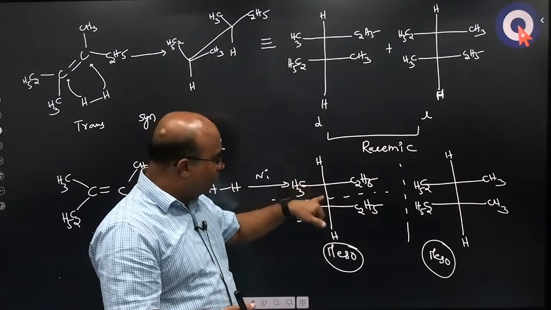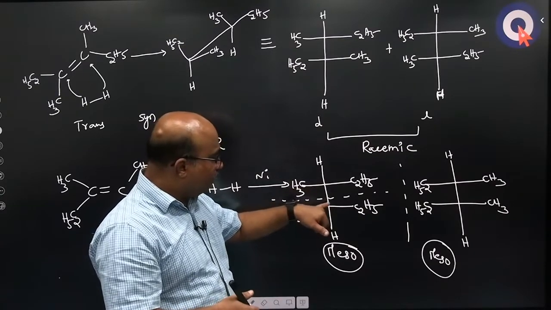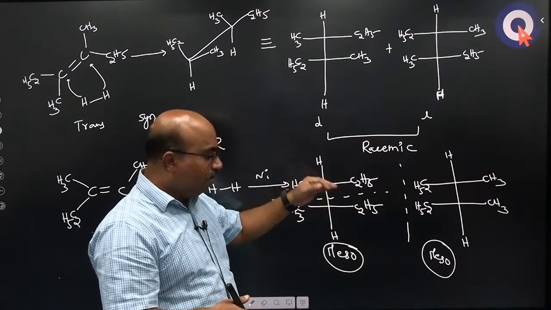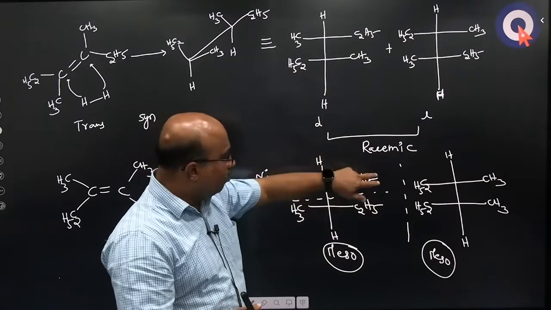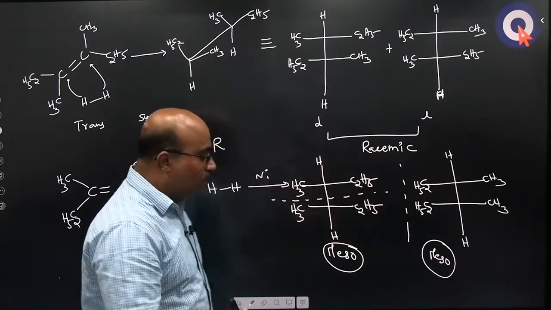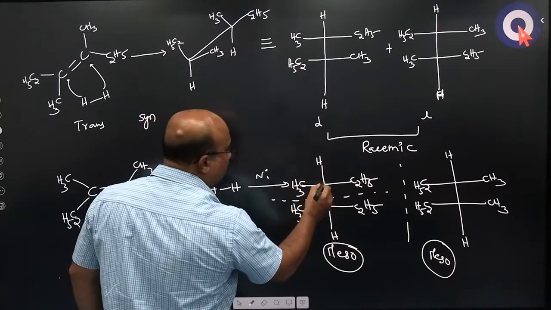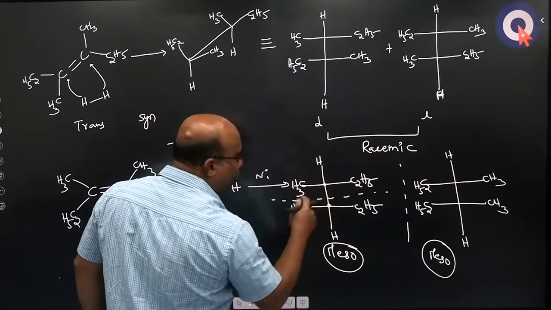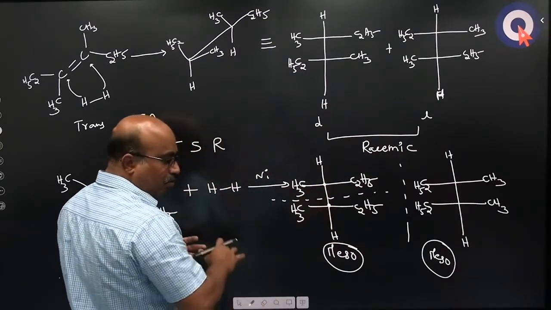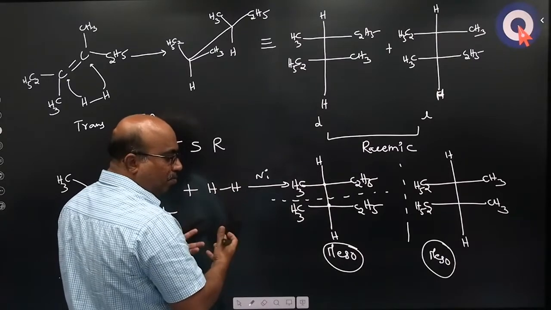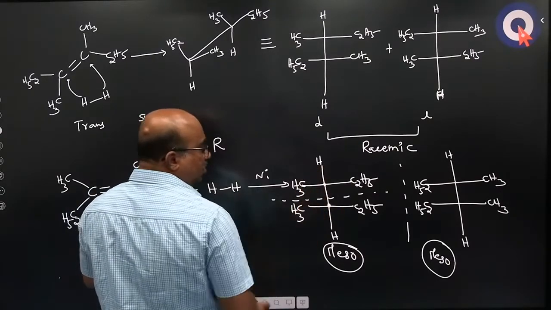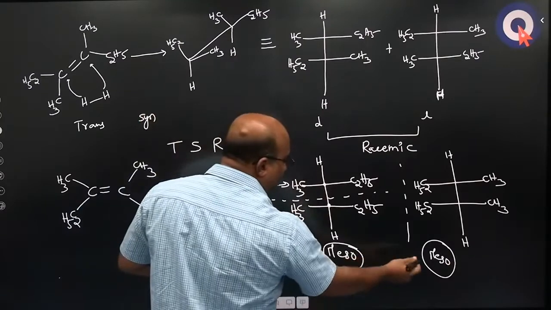So this may be 3, this may be 4; otherwise, this may be 3, this may be 4, because you can number from this end or from this end. So this carbon you can't fix as 3 and this carbon as 4. The two carbons are completely the same in either direction. That's why we say the compound is only a meso compound.